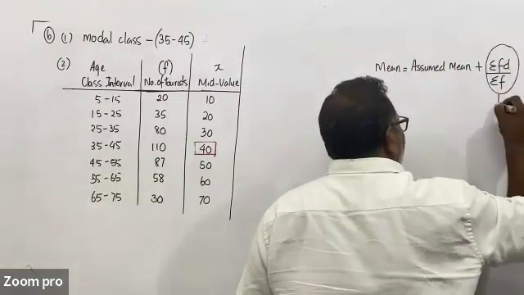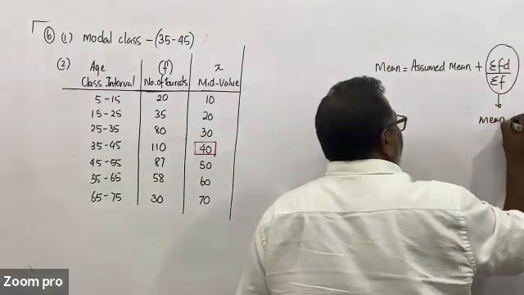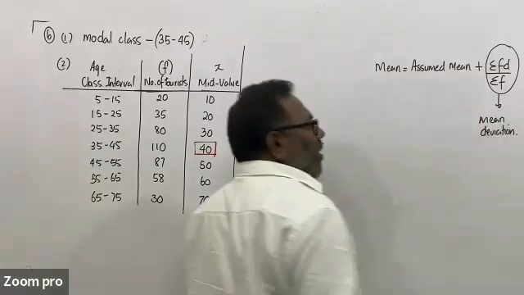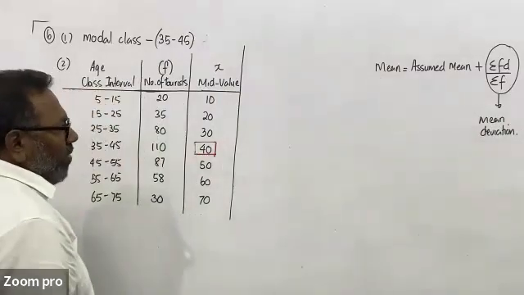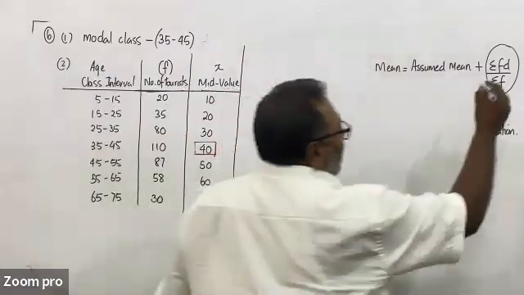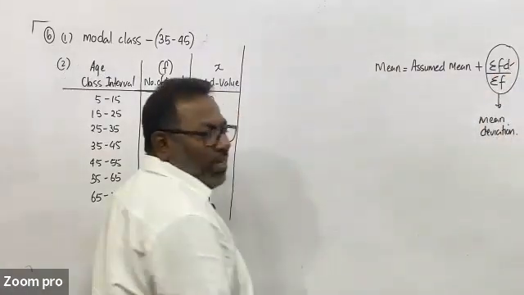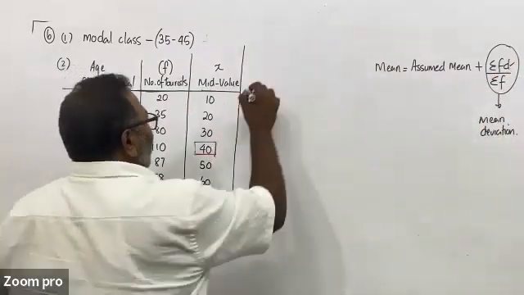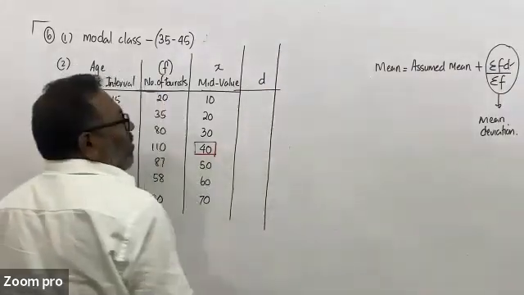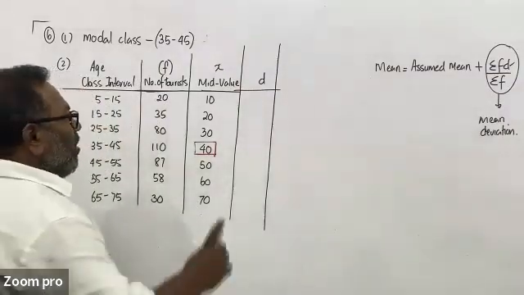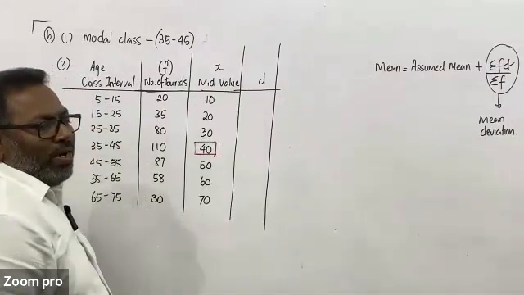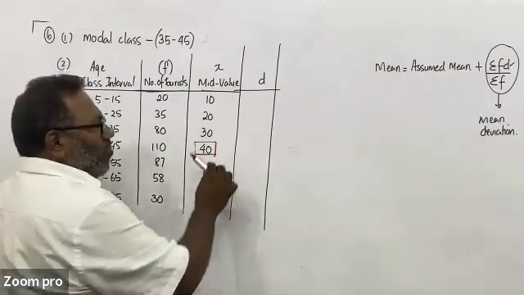What is this? It's called the mean deviation. So how do you calculate that? First, you have to find out D. What is D? Your deviation. How do you calculate deviation? You take the mid value minus the mid value of your assumed mean.